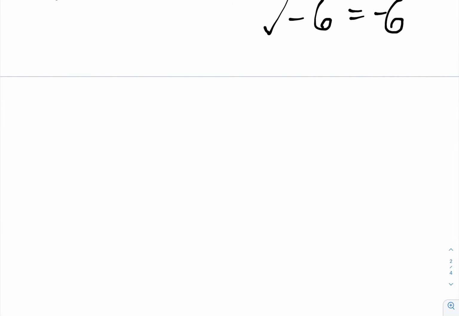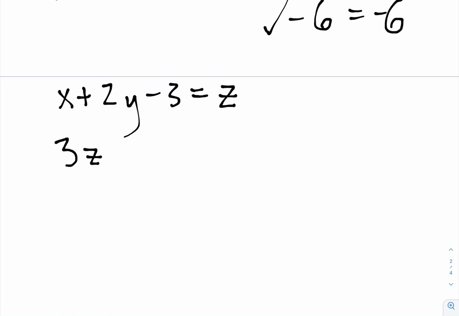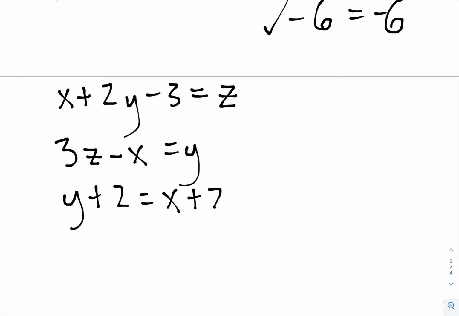There could be something like x plus 2y minus 3, and then they could introduce a new variable z here. Then they could say 3z minus x equals y. And they could say y plus 2 equals x plus z.